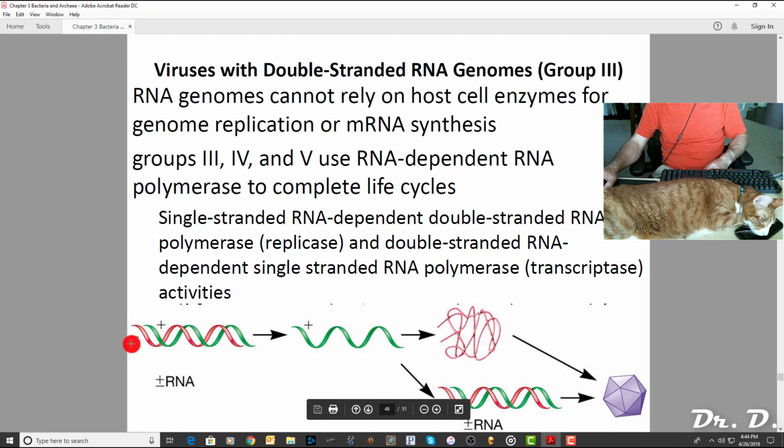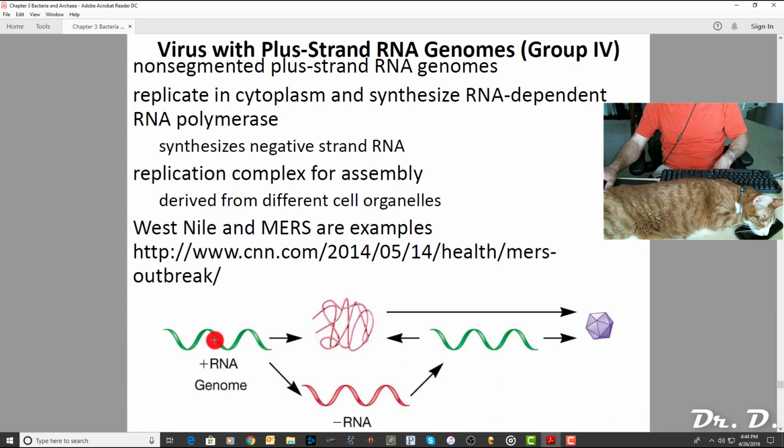That's the second thing you need to know: the enzyme to copy the RNA genome into more RNA genome. That's called RNA-dependent RNA polymerase, and that can be coded for right here on this plus strand of RNA. So these viruses do not necessarily need to bring the RNA-dependent RNA polymerase with them. They could code for it inside of the cell.